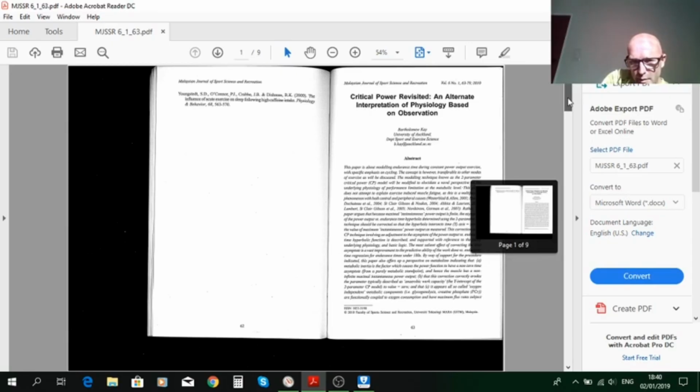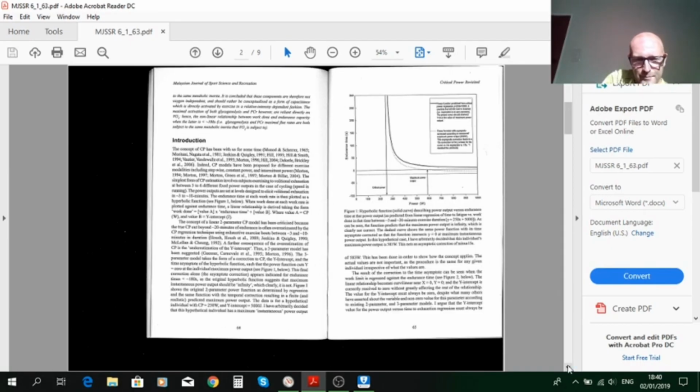So basically, we start off by introducing what it is that the CP modeling system is. What we see here at the top right-hand is figure 1. The solid black curve talks about the time to exhaustion versus the exercise intensity by way of either work output in the case of something like cycling or swimming, and the velocity of movement across the ground in the case of running sports.